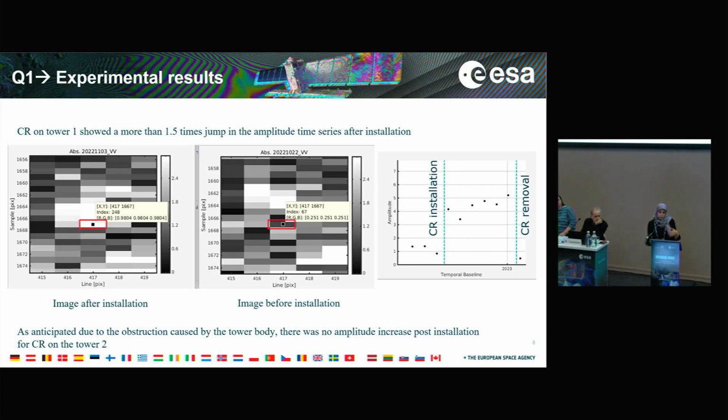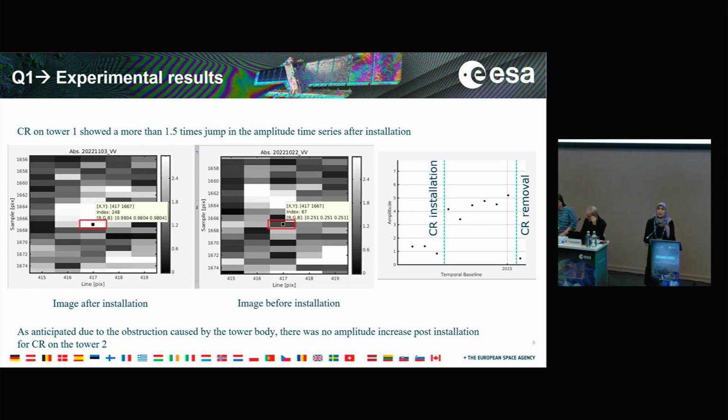And also, if you look at the amplitude time series of that pixel, we can see more than 1.5 times jump in amplitude after the corner reflector installation, and a significant drop of the amplitude after removing the corner reflector.